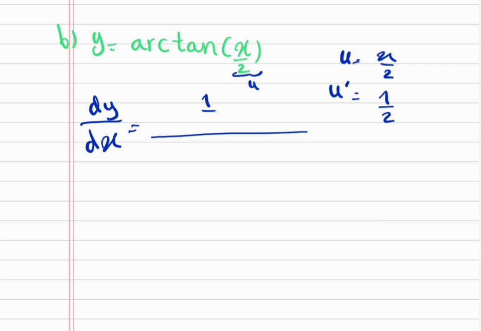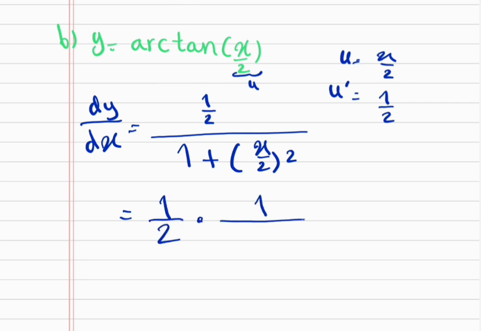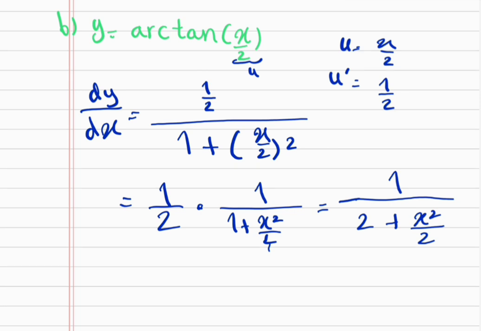So u dash in this question is 1 over 2, and in the denominator we have 1 plus u squared, where u is the function x over 2, squared. This is going to be equal to a half times 1 over 1 plus x squared over 4. Now we can go further. A half times this is going to give us 1 over 2 plus x squared over 2, and we can stop here.